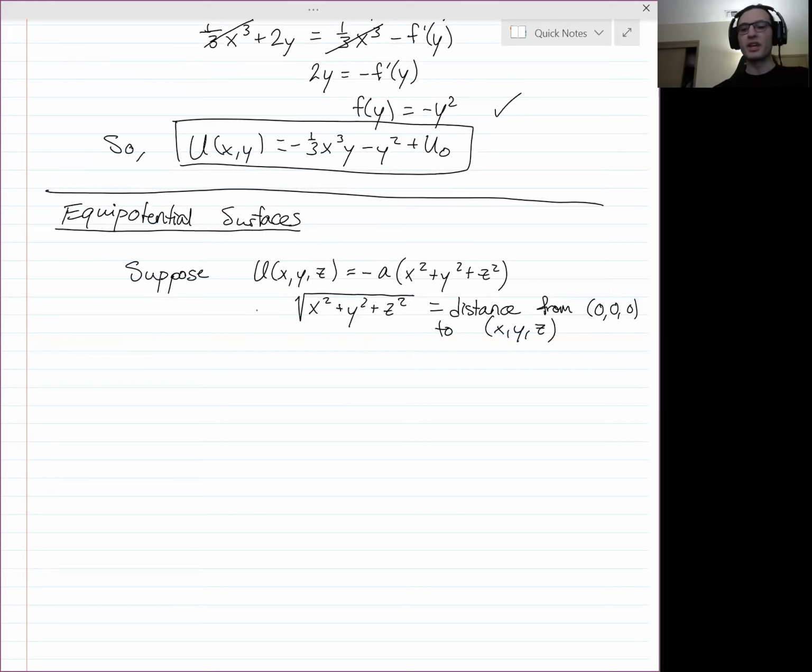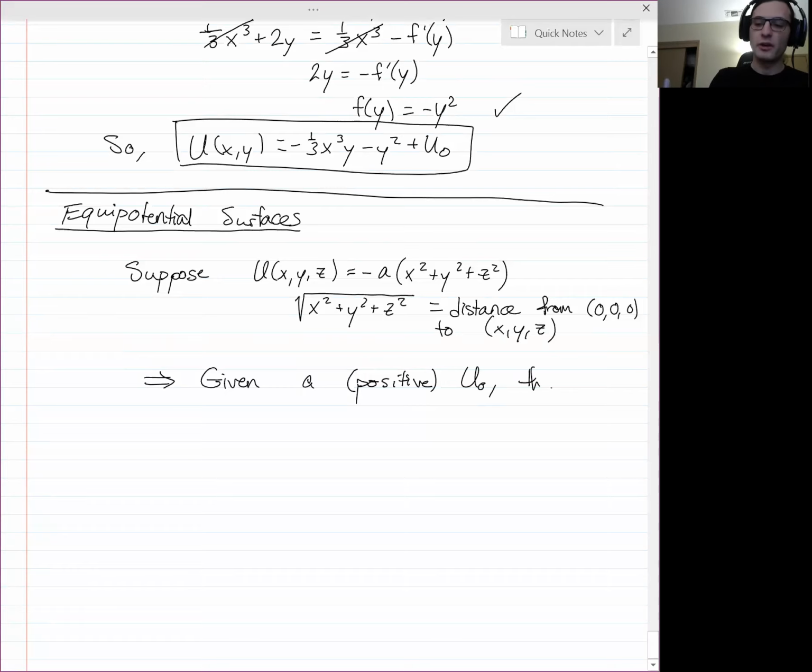So that implies that given a positive value u naught for some particular potential energy, and this is not like the constant that shows up in the potential energy, this is just some value of potential energy, like it could be 5 joules or it could be 9 joules or whatever, then there is a sphere's worth of points with that much potential energy.